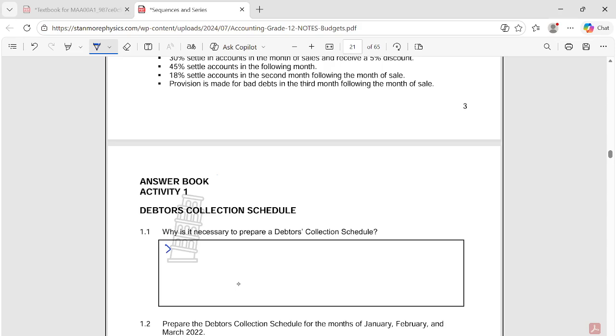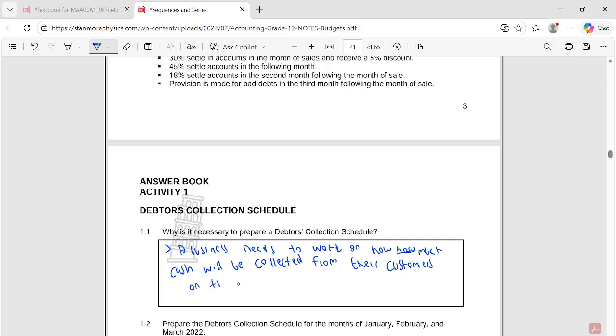Meaning, for example, we can say that a business needs to work on how much cash will be collected from their customers on their projected sales.